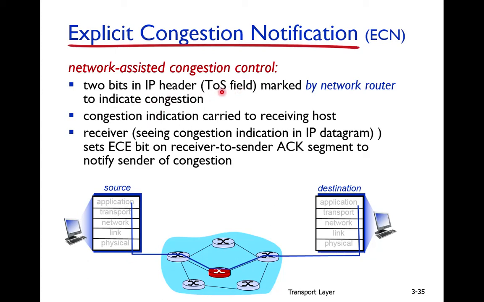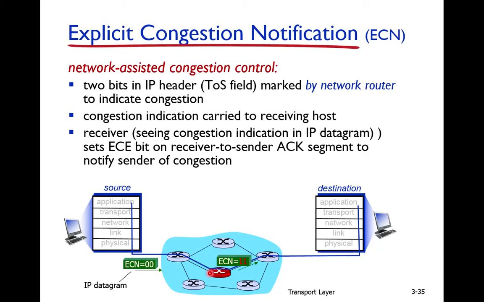These 2 bits in the IP header type of service field are marked by the network router to indicate congestion. This shows that the ECN field is 0. But when this packet is passing through the router and there is congestion, then the router will set this field to 1, for example this one.